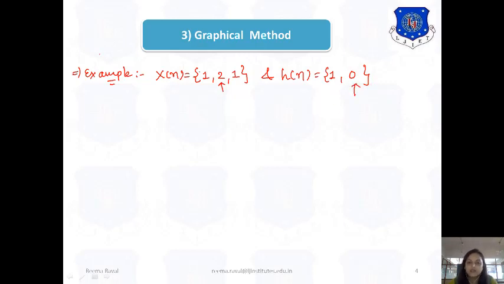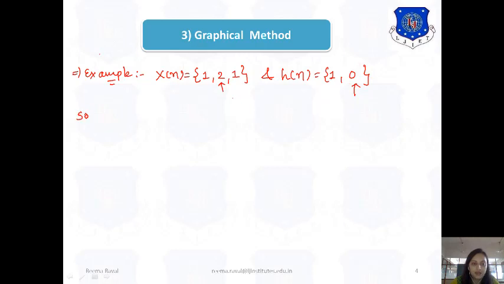That means here the lengths of the sequences are not similar. At x of n the length of the sequence is 3, that means there are 3 values in x of n, and h of n has 2 values only, right?